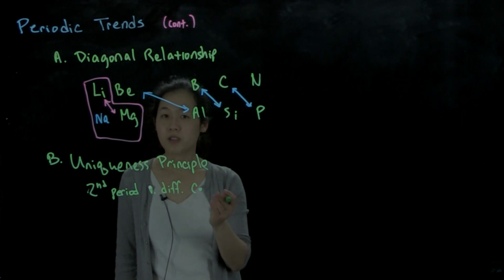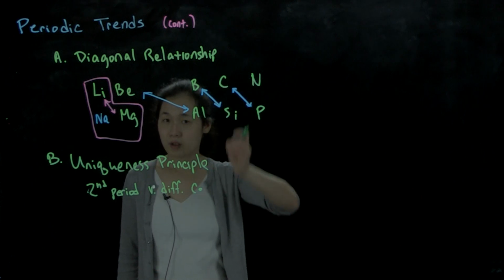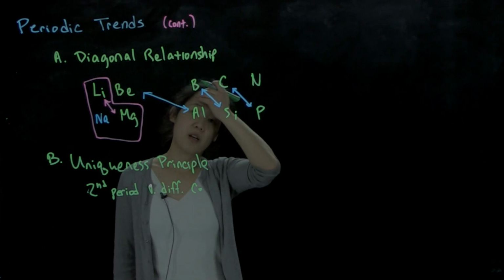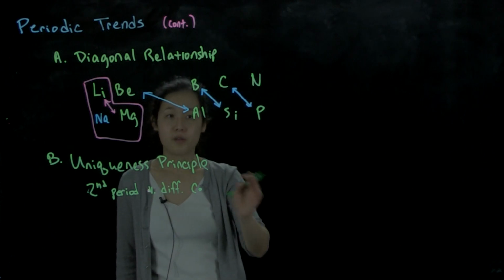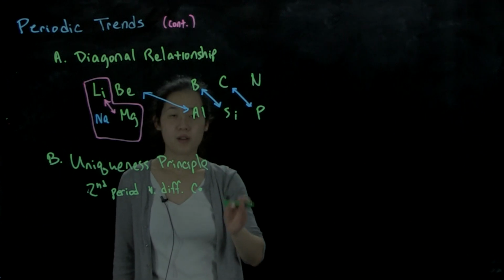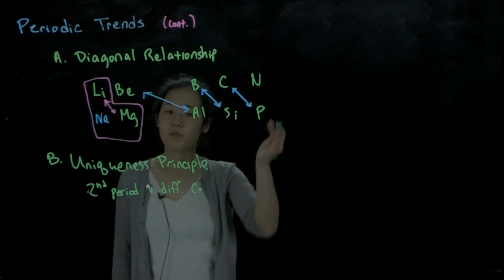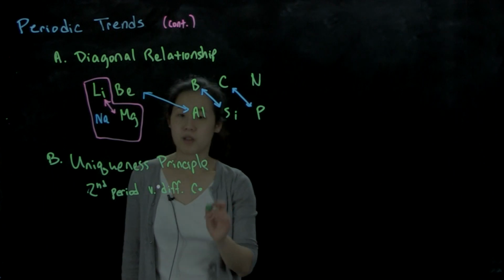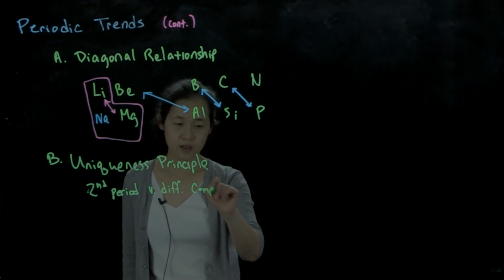You might have learned that each group has similar properties, and that's generally true. So let's say silicon is very similar to the elements below, tin, lead, et cetera. But the second row behaves very differently, due to factors that we'll talk about, compared to the lower rows.